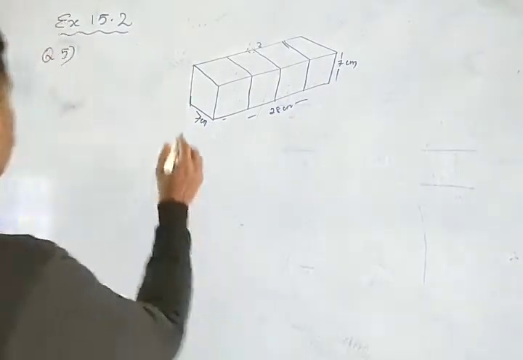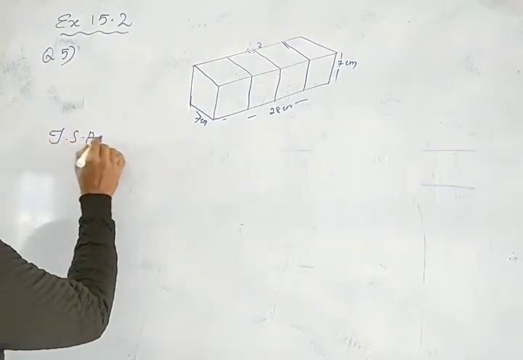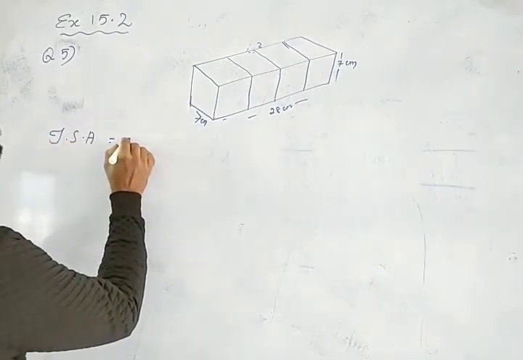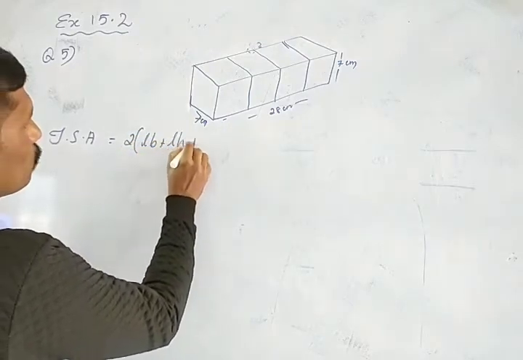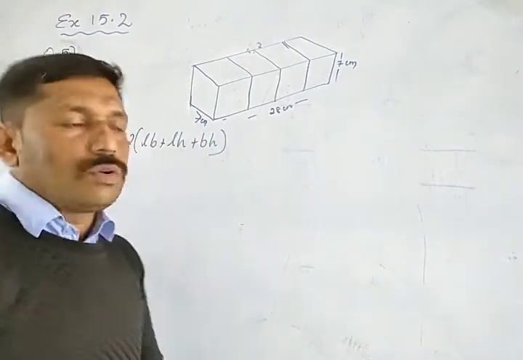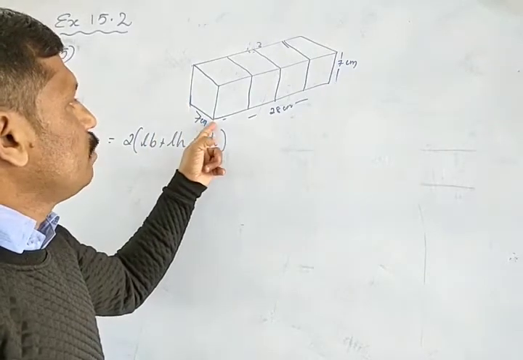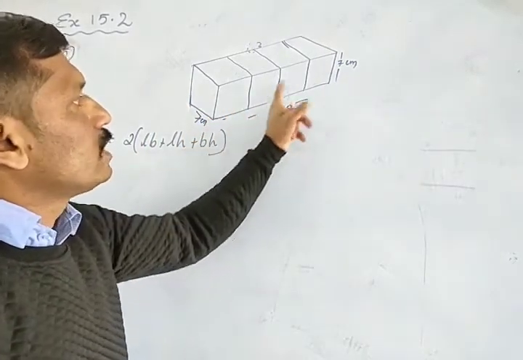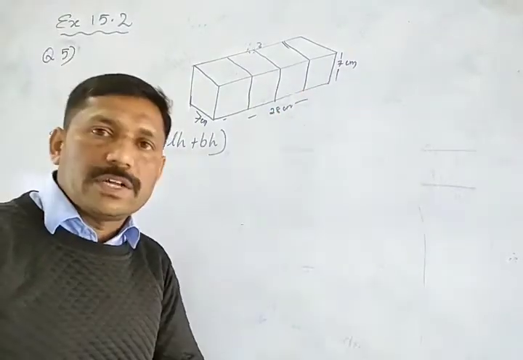Total surface area of the cuboid, TSA, is equal to 2 into (LB plus LH plus BH). This is the formula to find out the total surface area of the cuboid. Here, breadth is equal to 7 centimeter and length, 4 sevens are there, that means 28 centimeter, and height also 7 centimeter.